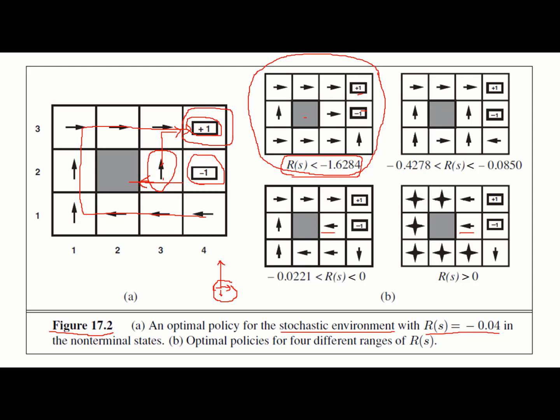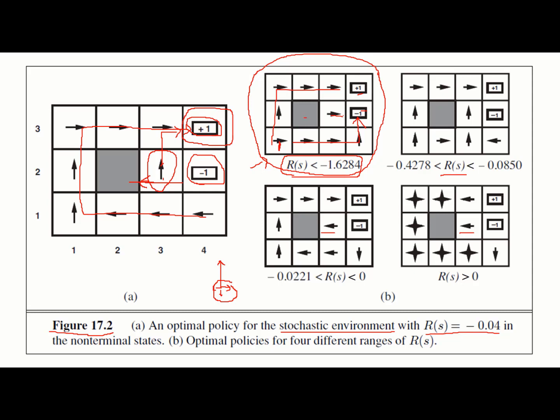In other words, the robot's life in this game is very miserable. Wherever the robot starts its navigation, it will just find the shortest path to the closest terminal state, and it doesn't care if the terminal state reward is +1 or -1.